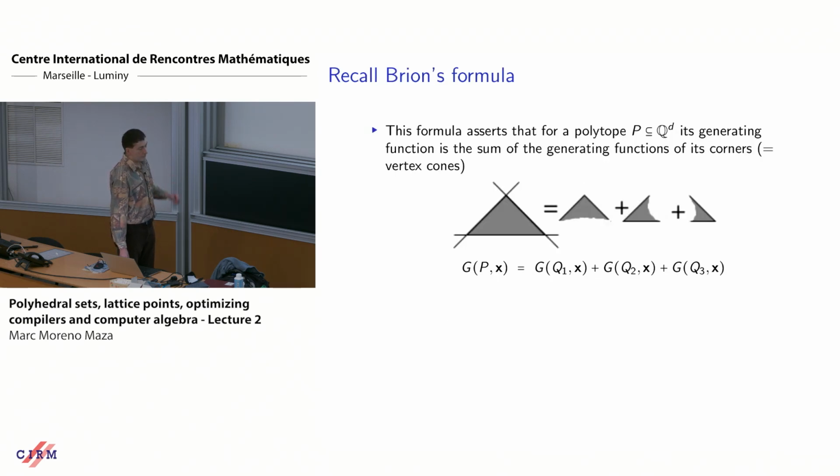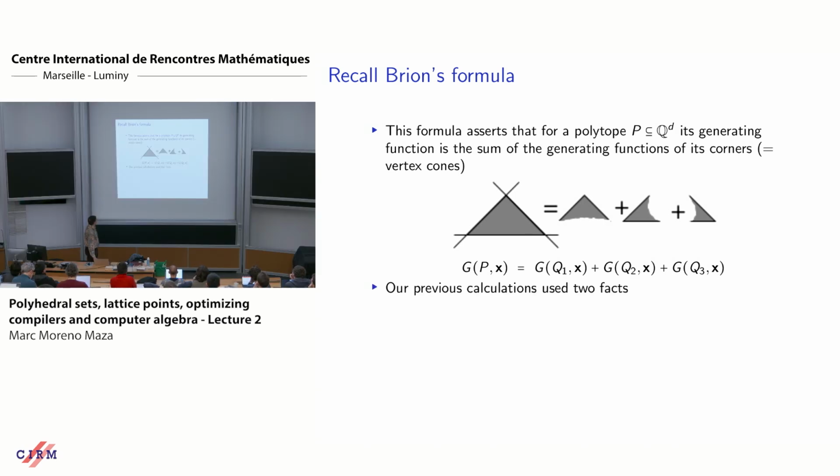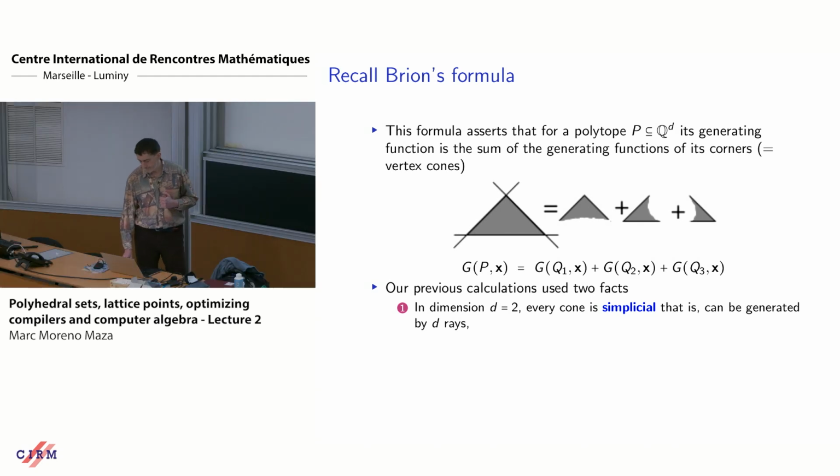So as we have said, we took advantage of that formula of Michel Brion. But our calculations were relying, without saying it, on 2 facts. First, every cone here was simplicial because we are in 2D. In higher dimension, this is not going to be true, so we need to do something about that.